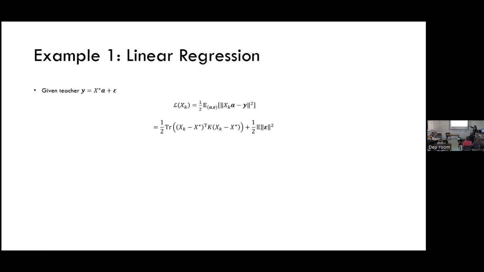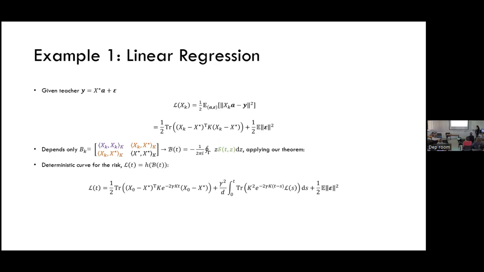So in this case, you can actually write exactly how the loss looks like in terms of the iterate, but the problem is that you need to calculate these iterates. But if you use, again, our theorem, what we can show is exactly a formula for the loss function, which now you can completely compute.